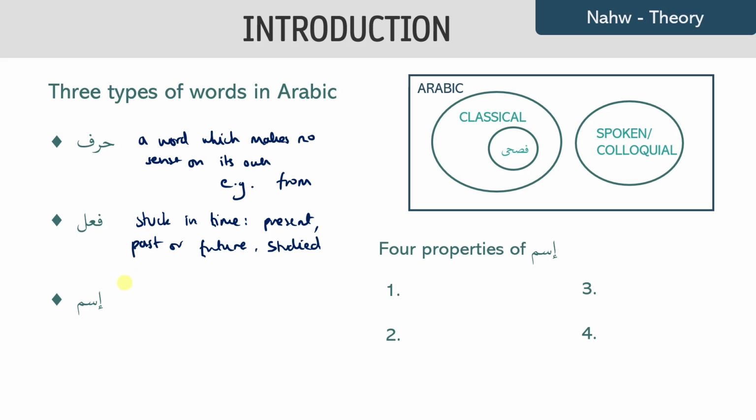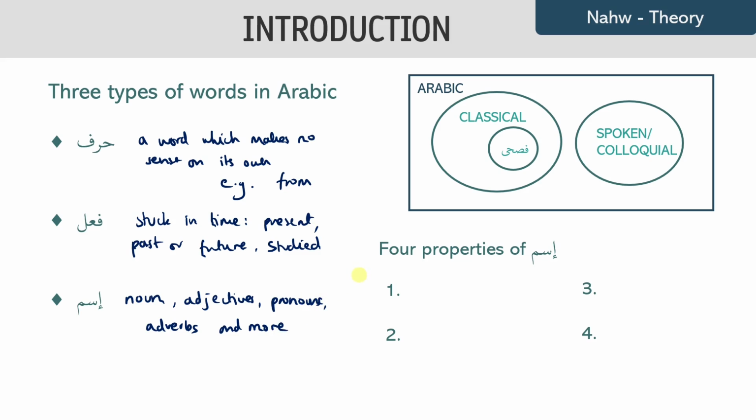And ism in Arabic, it's a noun, yes, but it's much more than a noun. It also includes adjectives, includes pronouns, it includes adverbs, which are words like happily that end with li, or it can even be words like at that moment, since, and even more.